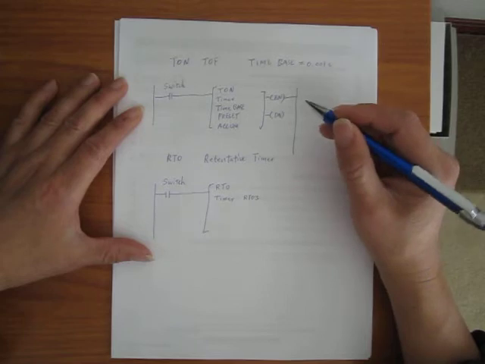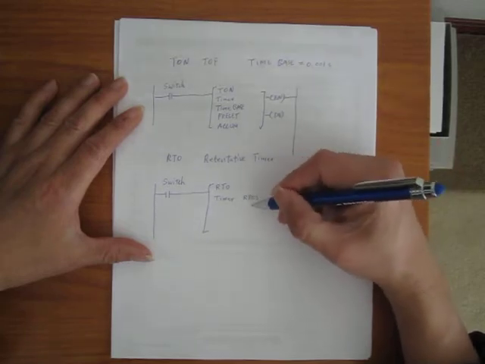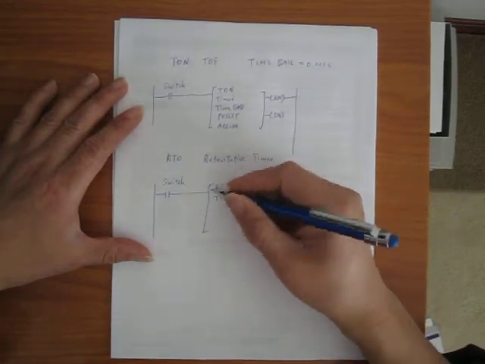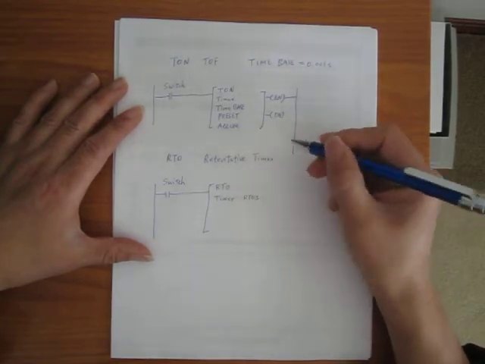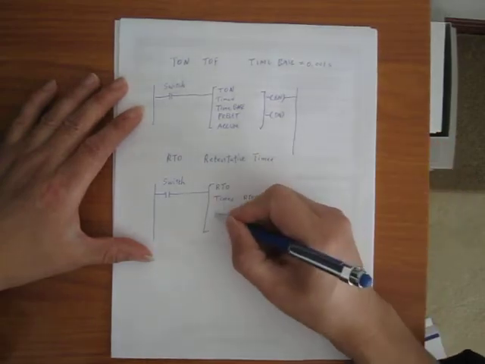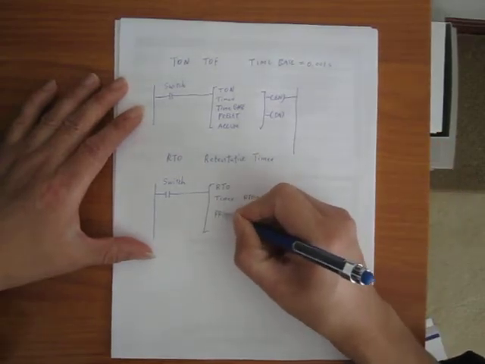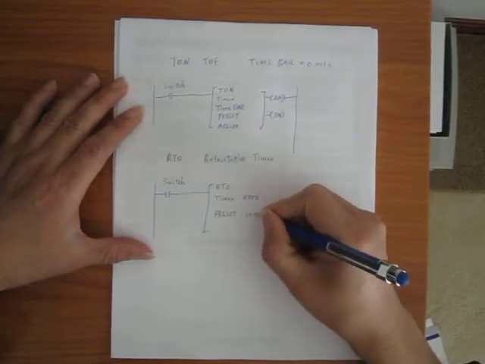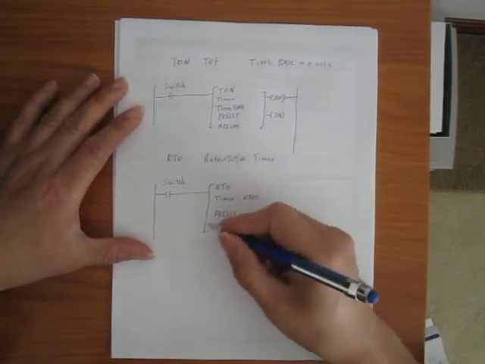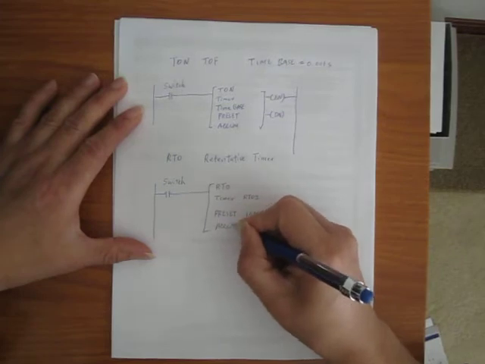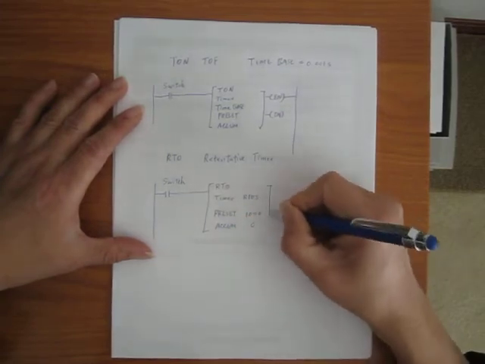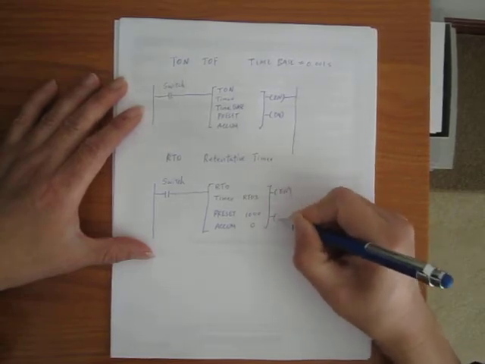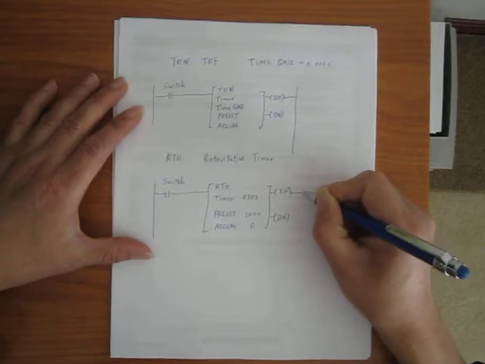That's the old version of the software. In the newer version you can give any name. The newer version took the time base out, and it has a preset. If I set a preset to 1000, that's equal to 1 second. Then it has an accum of 0 here, and it also has an EN and a DN. Those are given by the software.